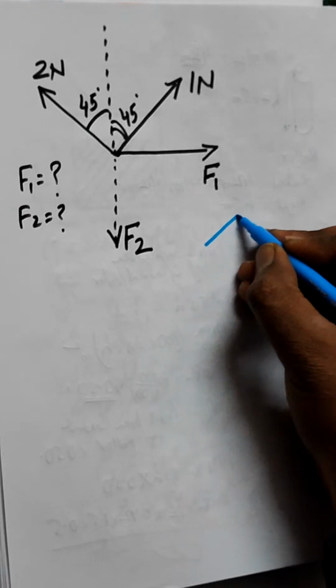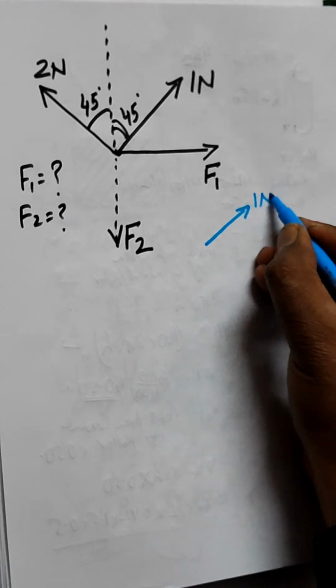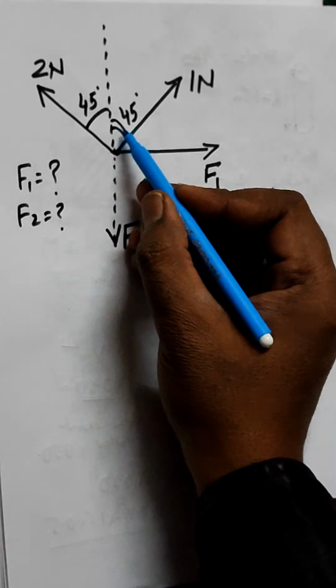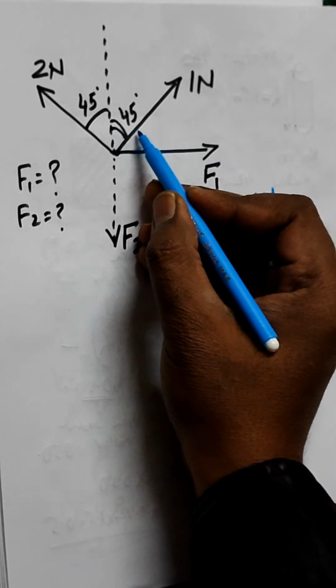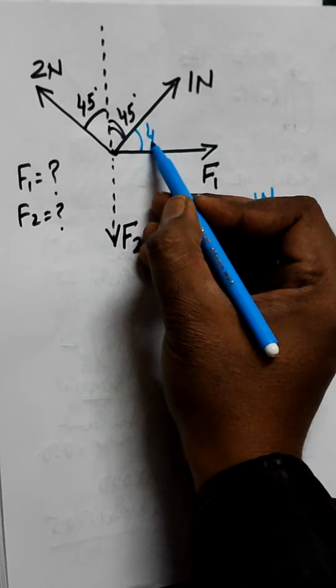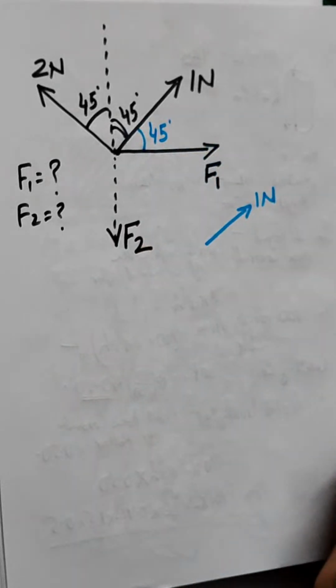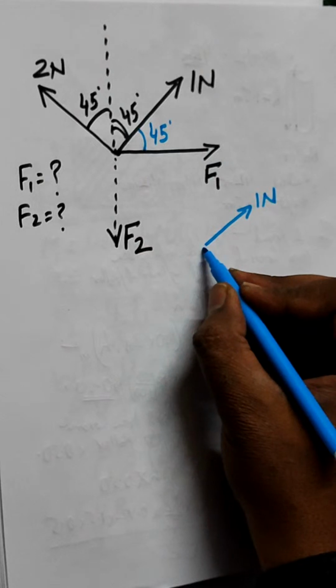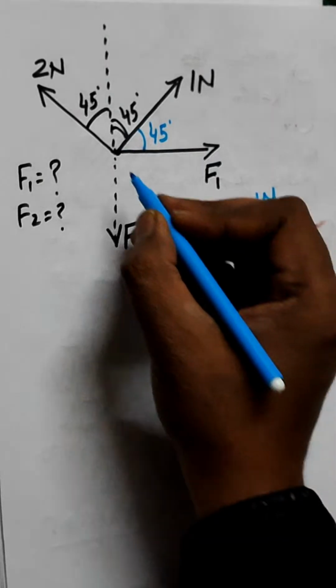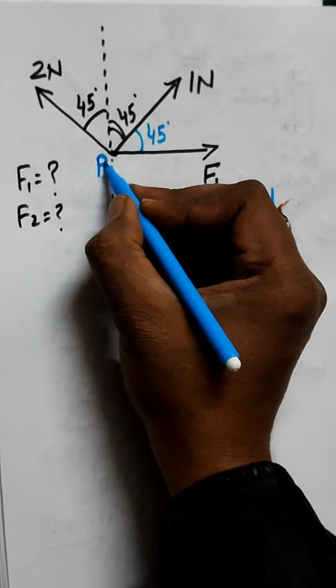If the 1 Newton force is like this, and this angle is 45, then the corresponding angle is also 45, right? So the components of 1 Newton, and this is a body P, let's say from point P is mentioned.